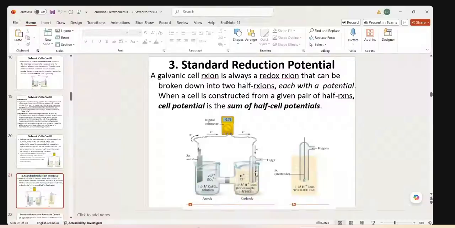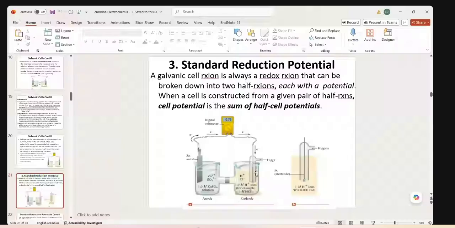Now, in the electrolytic cell, the anode is positively charged and the cathode is negatively charged. So don't confuse the two. In a galvanic cell, the anode is negatively charged and the cathode is positively charged, because that's the only way the negative electrons will go to the cathode.